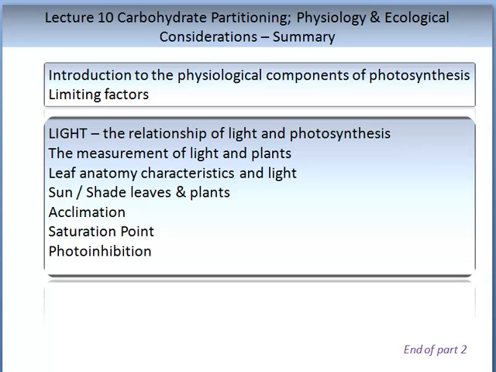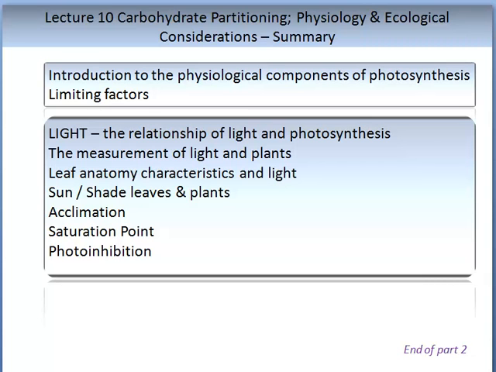The leaf anatomical characteristics and how they play and use light have also been examined, both here and in the DIY practicals. We have learnt that there are different types of leaves with respect to how they handle light, that is sun and shade. That there is a process called acclimation, which enables plants to adjust to light.